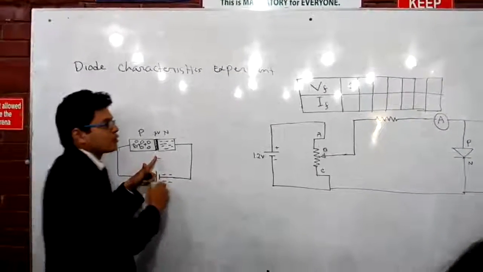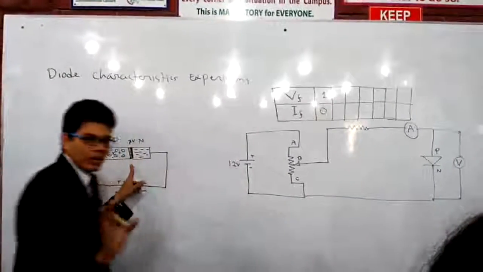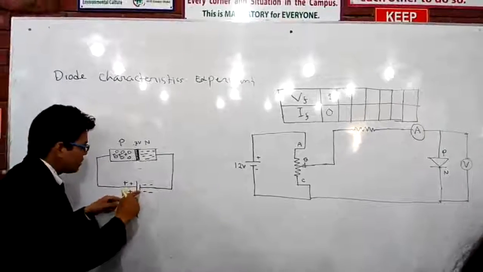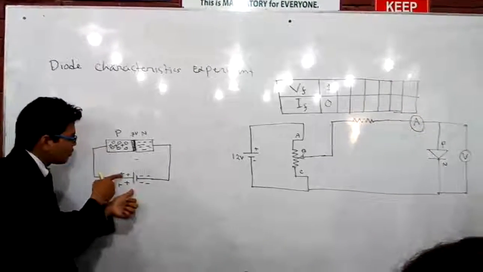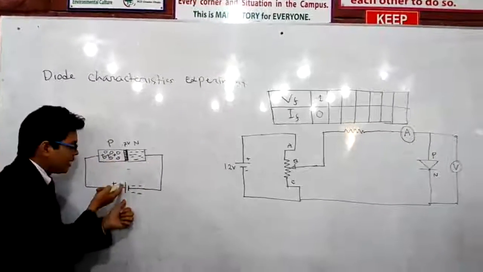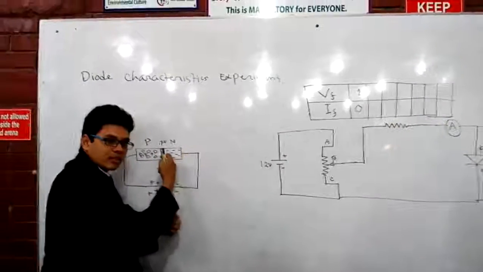Got it? So that means we will have no flow. That means current will be 0. Again, we will increase the force. That means once we increase the force, there will be more positively charged particles pulling to the junction, and again more negatively charged particles pulling to that junction from that end.